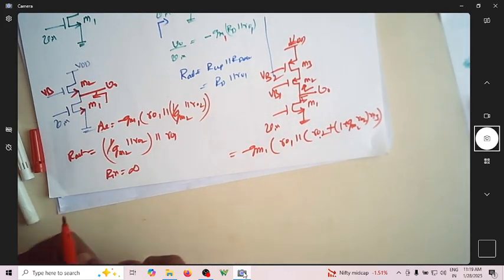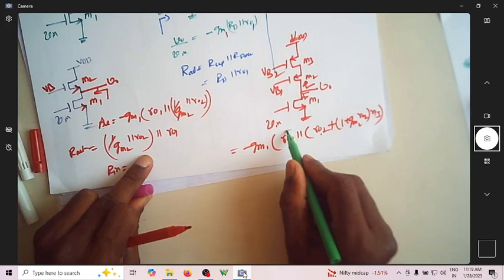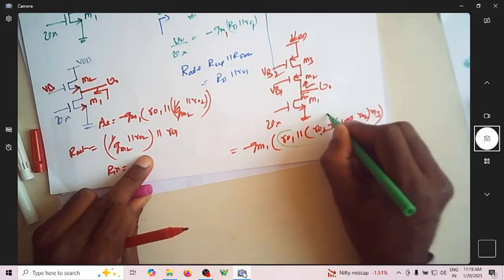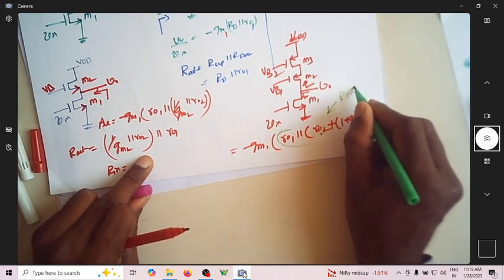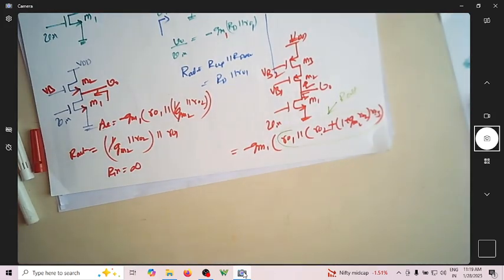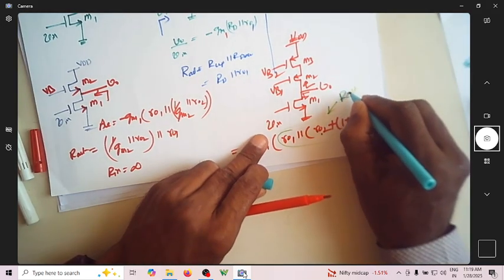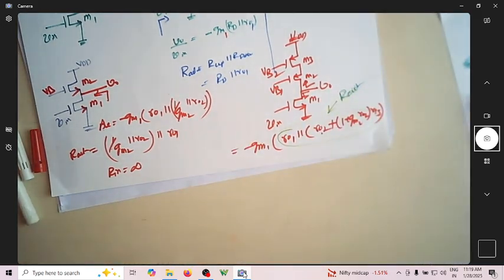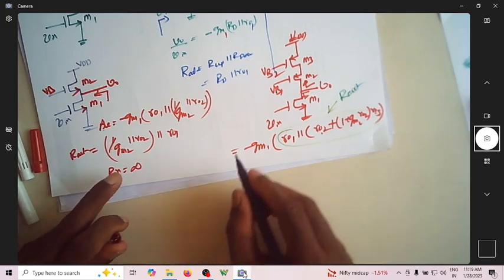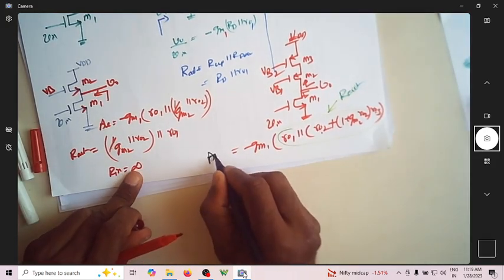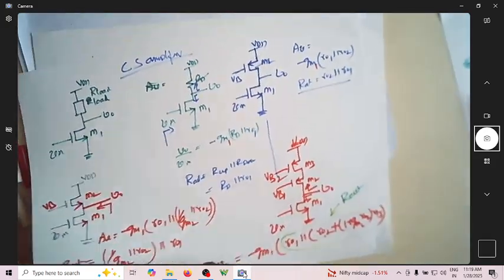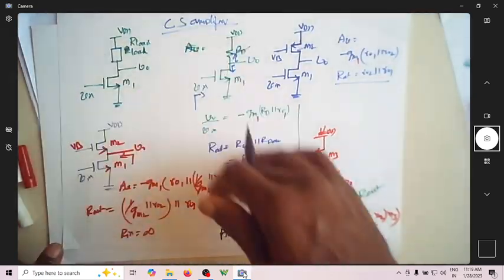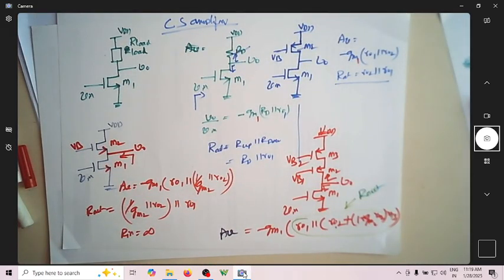So this itself will be your R out also. What is R in? R in is infinity. So this is AV for this circuit. These are all different configurations of CS amplifier.